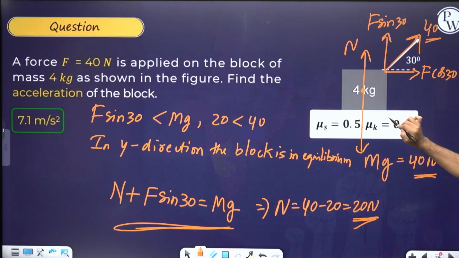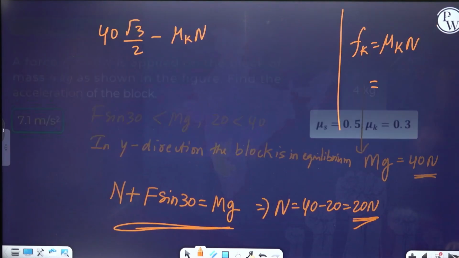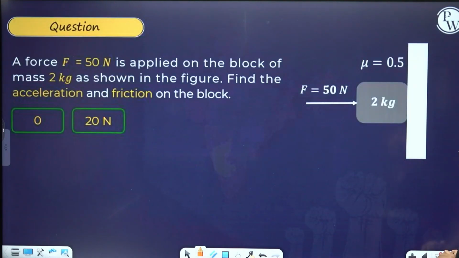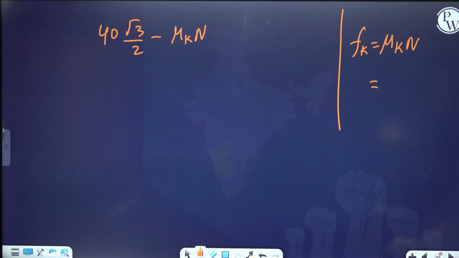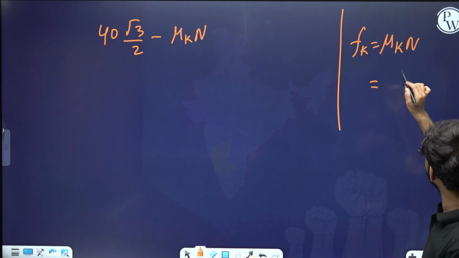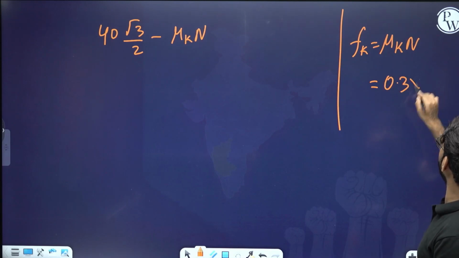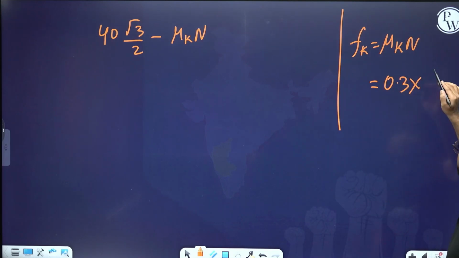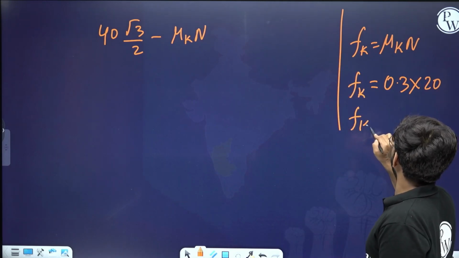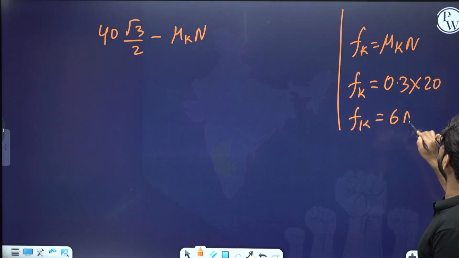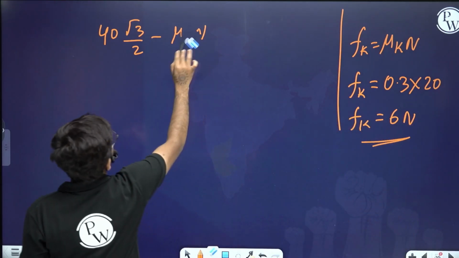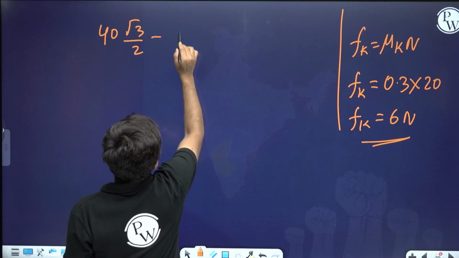Mu k is 0.3, correct? So 0.3 into N, and N is 20. So the Fk value is 6 Newton. So directly you can write the Fk value as 6 Newton.